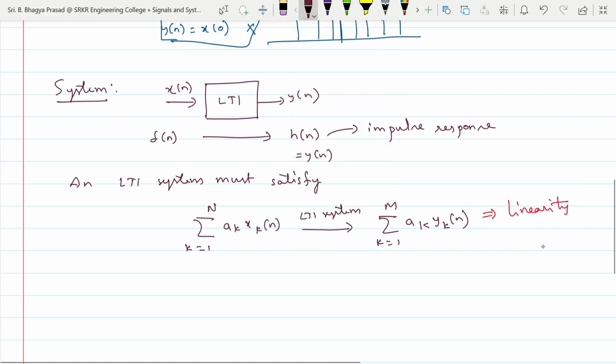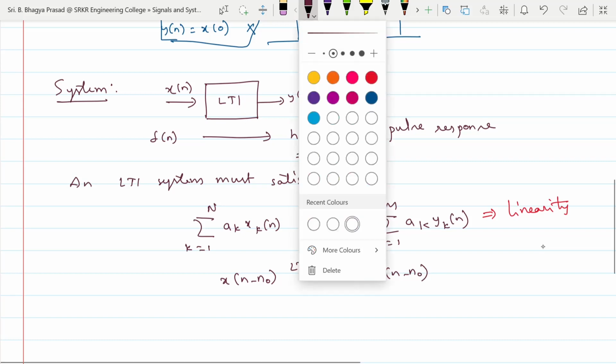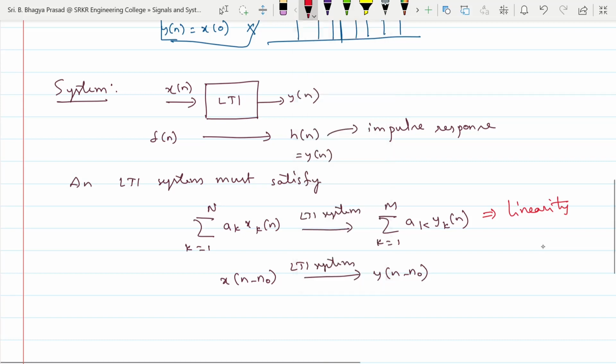Okay, and if you give a shifted input to the LTI system, we get our output y[n minus n0], and this is time invariance.